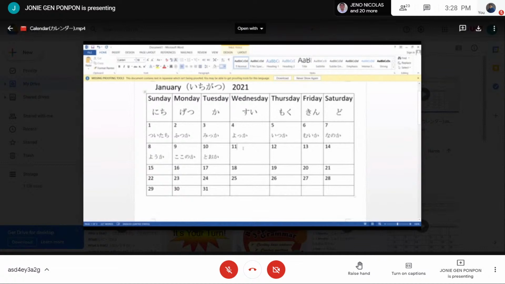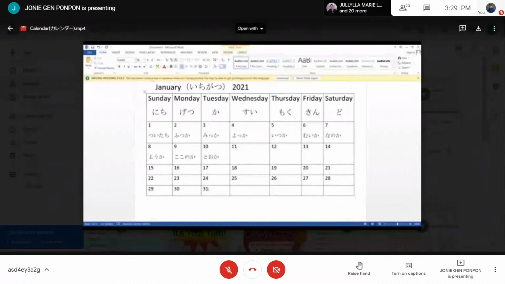From 11 to 31, you should know the numbers in Nihongo. For 11, Juuichi. For 12, Juuni. For 31, that is Sanjuuichi. I guess it's easy because you are now familiar with the numerals.